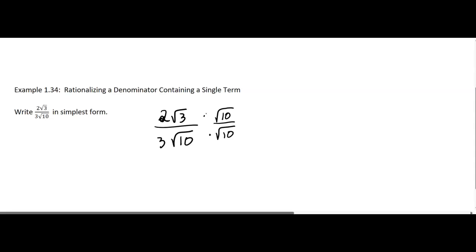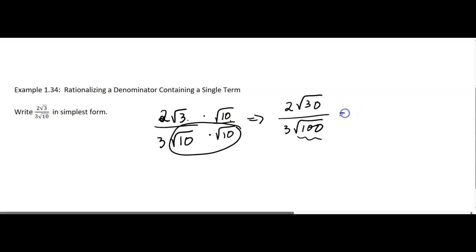Okay, so when you get that, then you can go back to your product rule and say 2 times the square root of 30, because you got 3 times 10, right? And then in the bottom, you've got 3 times 100, okay? But we know this is going to simplify because we made that work out so that we could take the square root of 100.